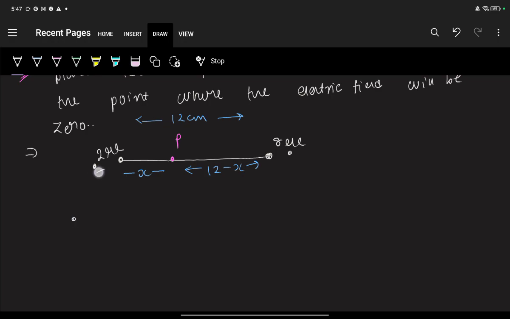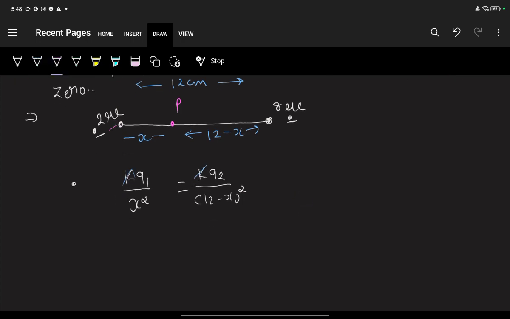So kq1 upon x square is equal to kq2 upon 12 minus x whole square. The k gets cancelled out, and plugging in the values, it will be 2 by x square is equal to 8 by 12 minus x whole square.